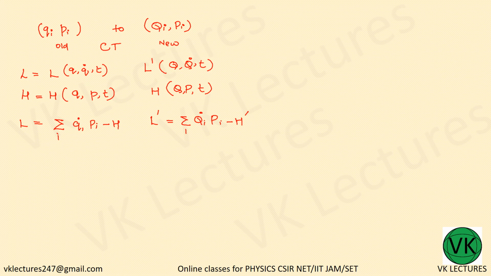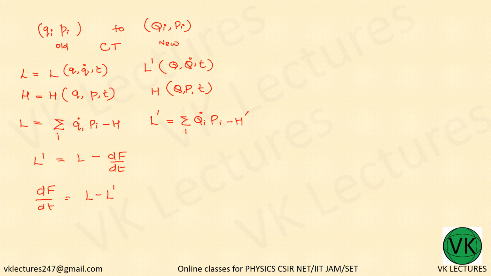Now we can write L dash is equal to L minus df by dt, which means df by dt is equal to L minus L dash.